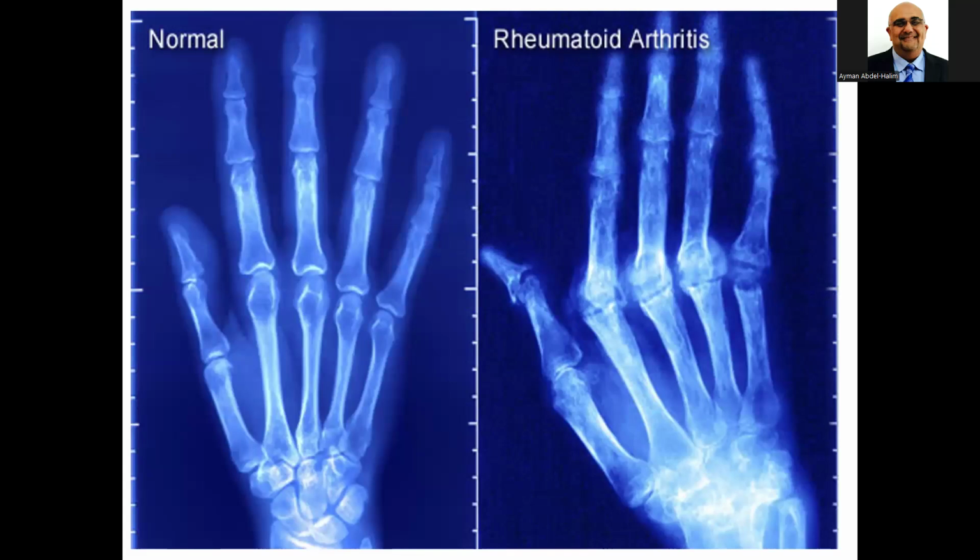This is an X-ray of a rheumatoid arthritis patient. Look at the ulnar deviation.